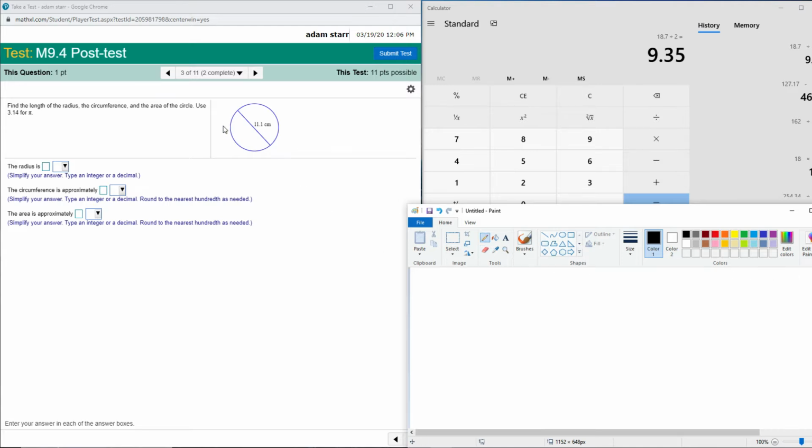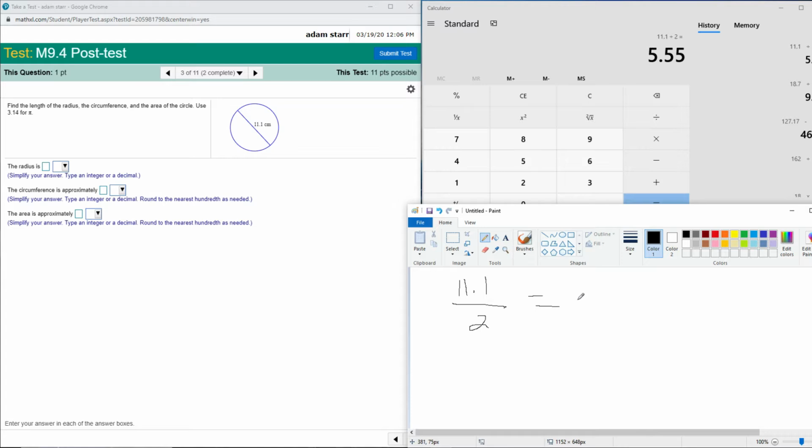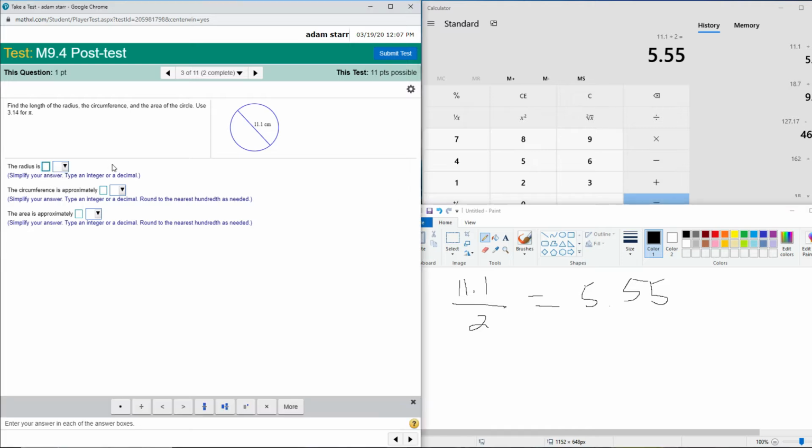So, taking my diameter, in this case it's 11.1, dividing it by 2, and that will give me my radius, 5.55. The unit of a radius will just be the same unit as the diameter. It's just centimeters, or whatever unit you have here.